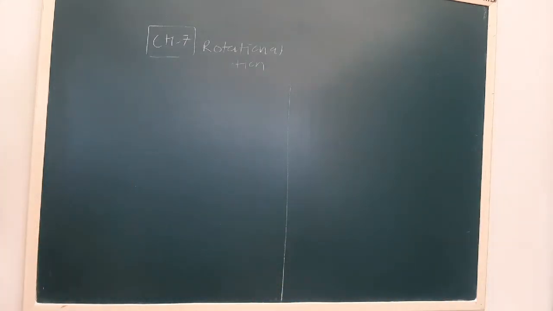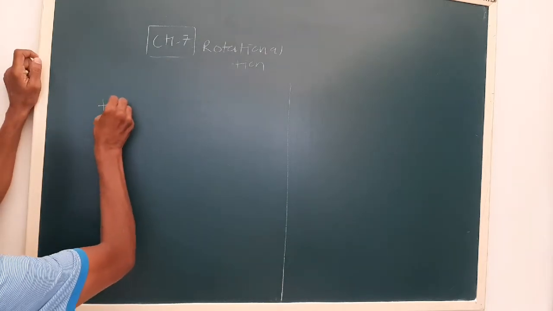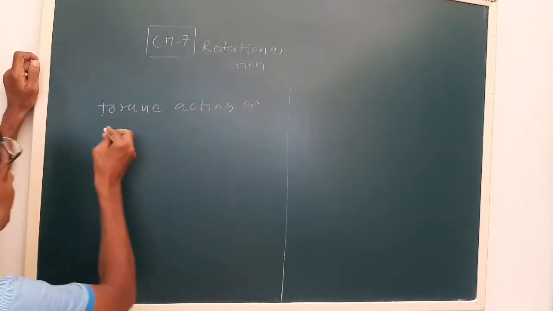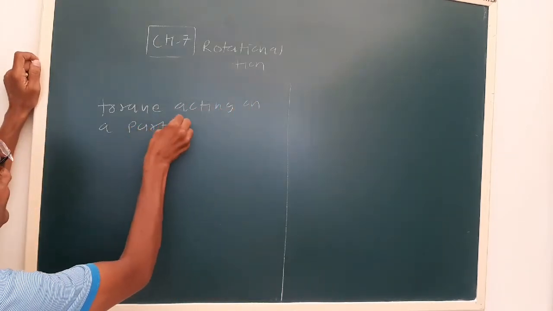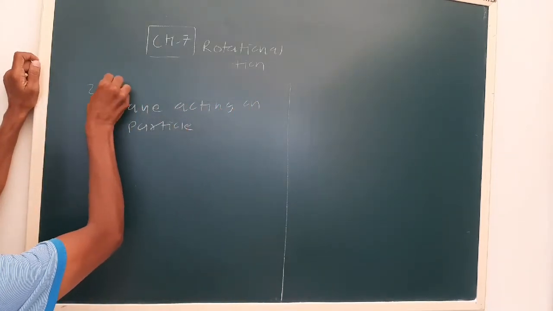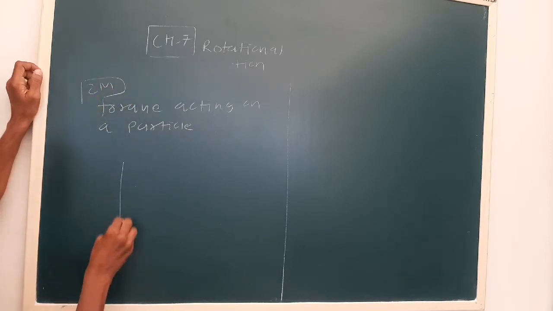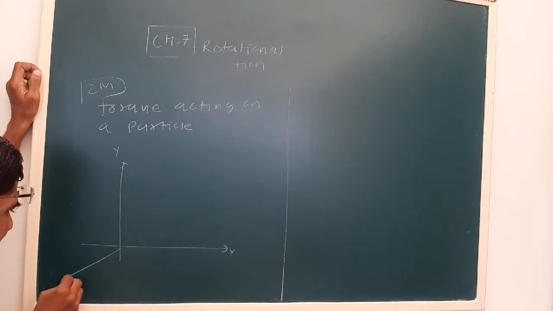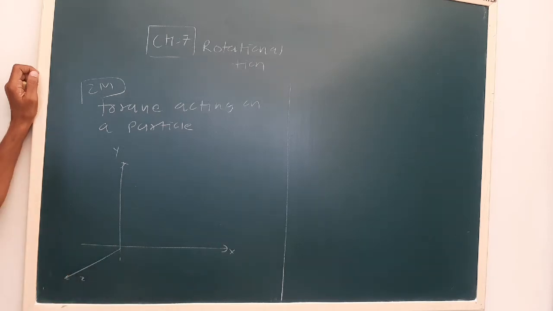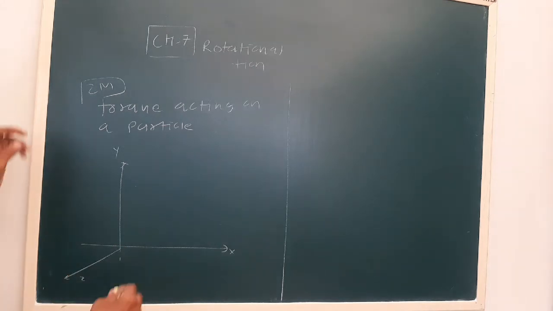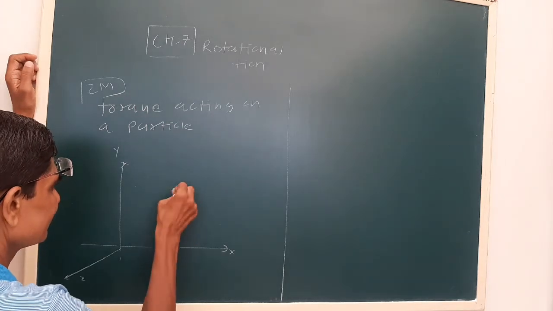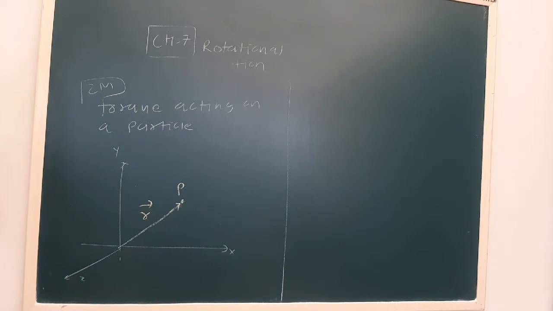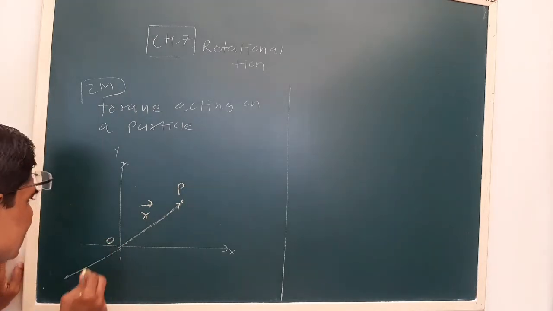Now we start with the torque acting on a particle. Okay, now this can be asked in a 2 marks question. Now let us say we can consider any suitable coordinate axis. Now, P is a particle whose position vector with respect to origin is r.